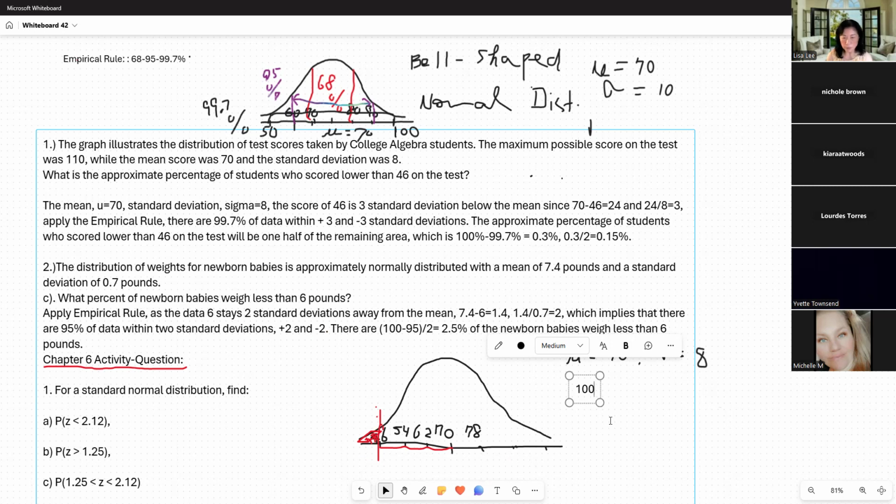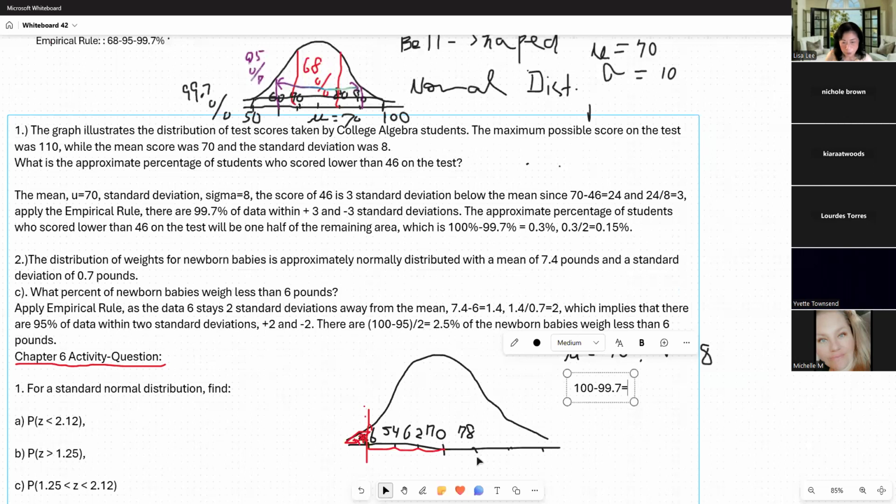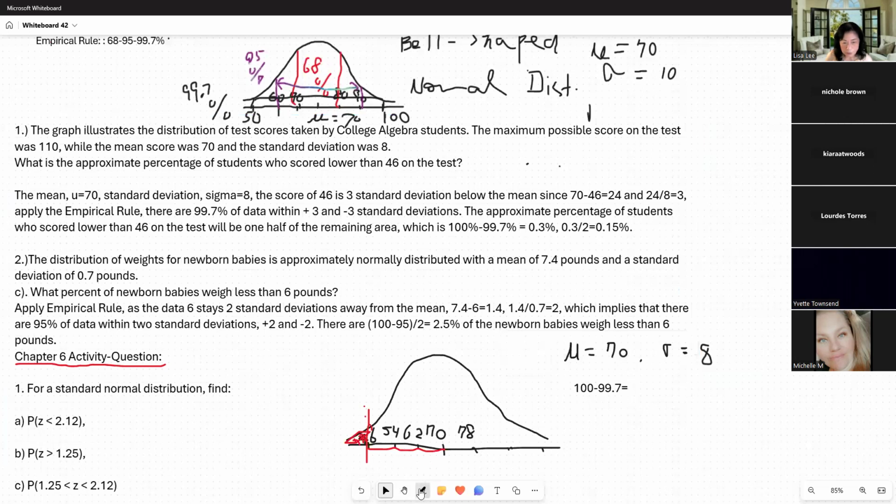So when you do the calculation, you start with 100 and minus 99.7, because when the data is related to 3 standard deviations, you have to use a certain number, 99.7. And that gives you the remaining area in the tail. So you have the remaining area.